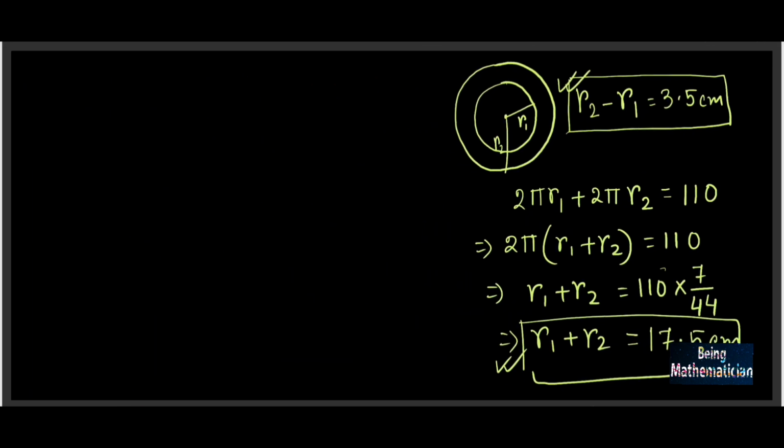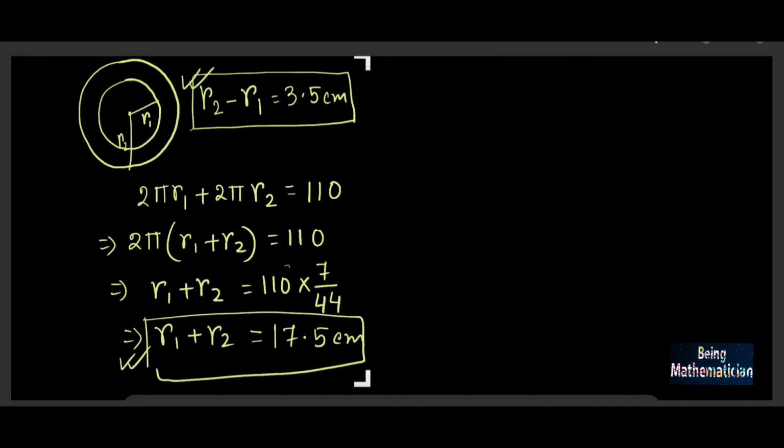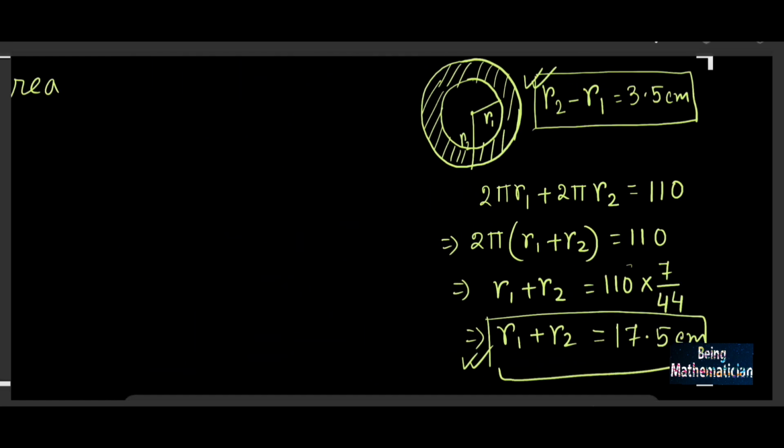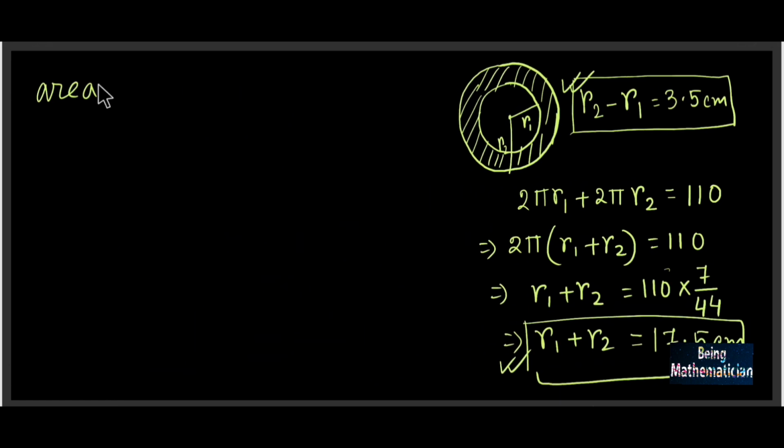Now the area of these two circles means this area must be the difference of the areas of two circles. So now we can say the area of the ring must be pi r2 square minus pi r1 square.